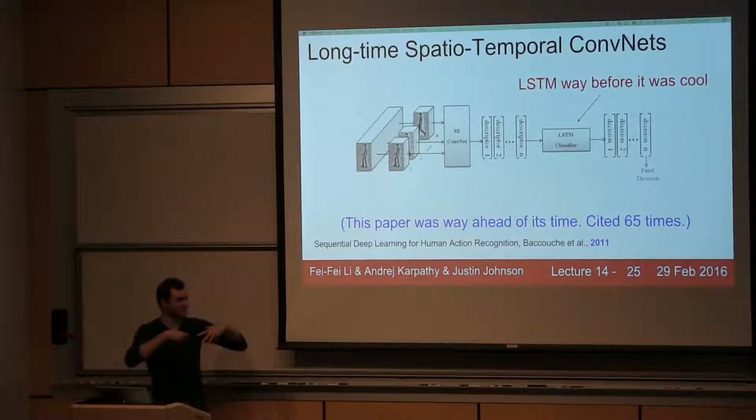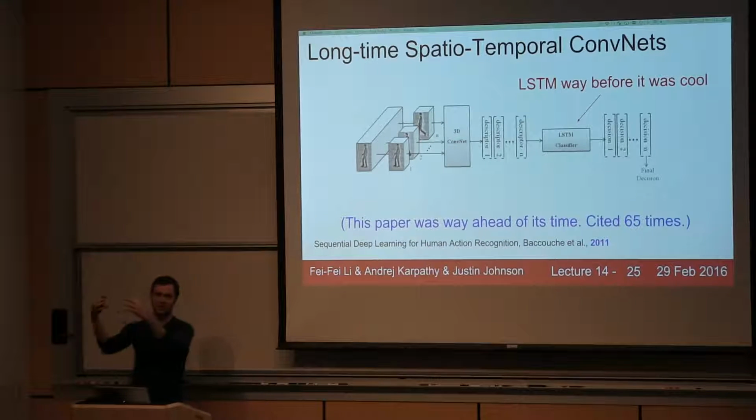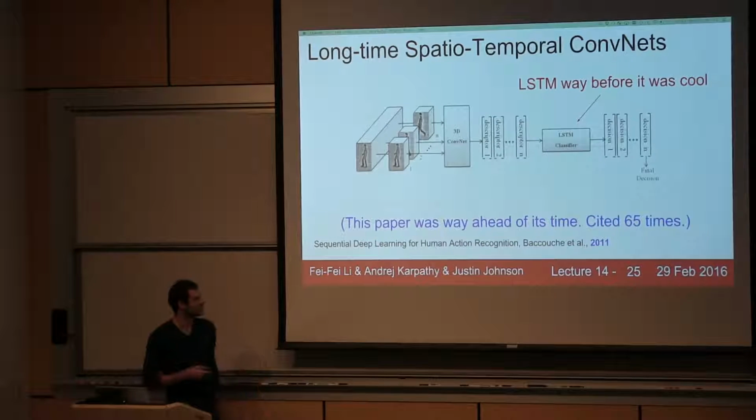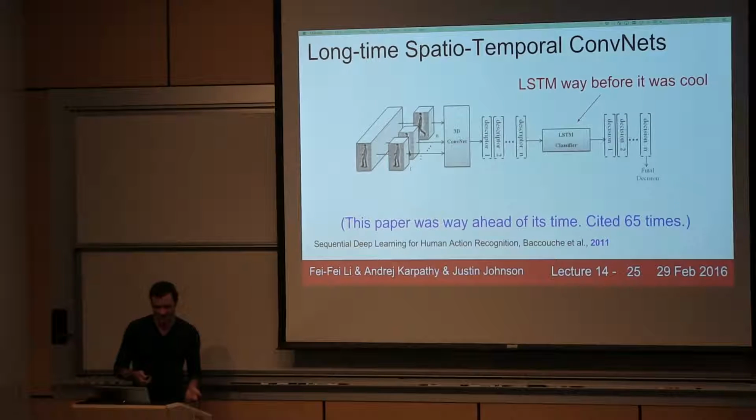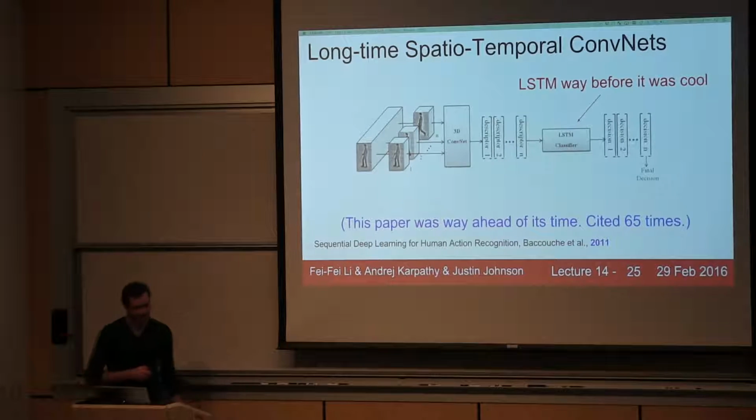They put LSTMs on, say, the fully connected layers, so they string together fully connected layers with this recurrence. And then when you're predicting classes at every single frame, you have infinite context. So this paper is, I think, quite ahead of its time. It basically has it all, except it's only cited 65 times. I'm not sure why it's not more popular. But basically, this is a way ahead of its time paper that recognized both of these and used LSTMs way before I even knew about them.